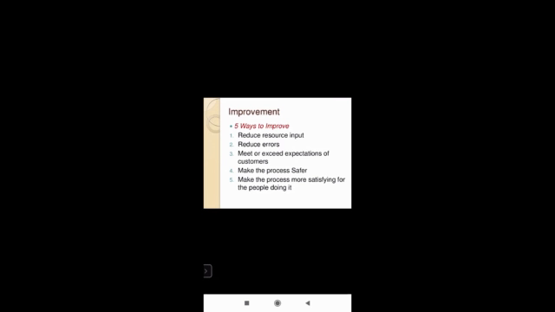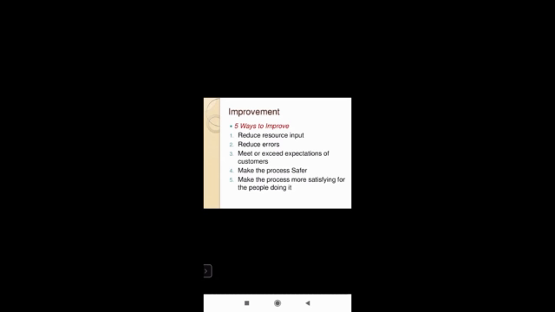And the third one is to meet or exceed the expectations of the customer. It is very important and crucial also. The process should be in such a way that it either meets the expectations or exceeds the expectations of the customer. That means pleasing a customer, making a customer happy, is more important. If the process is able to do that, definitely the process is improved, we say. And the fourth one is to make the process safer.